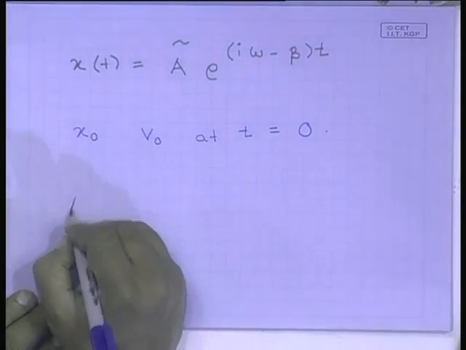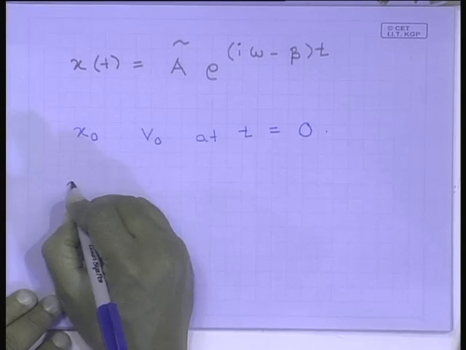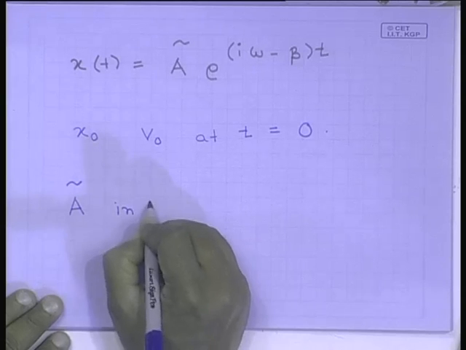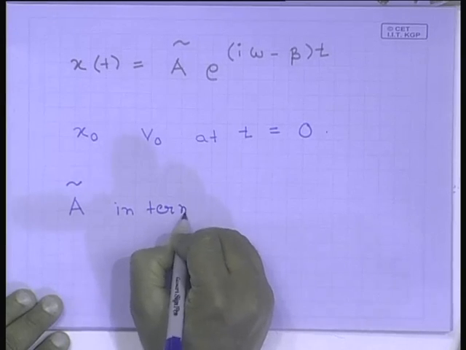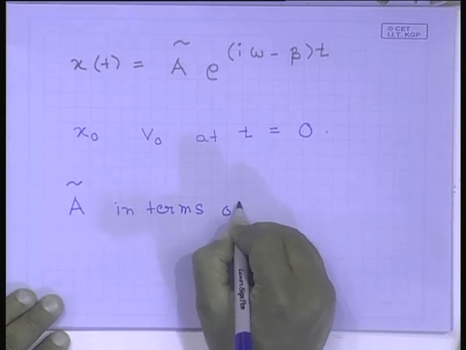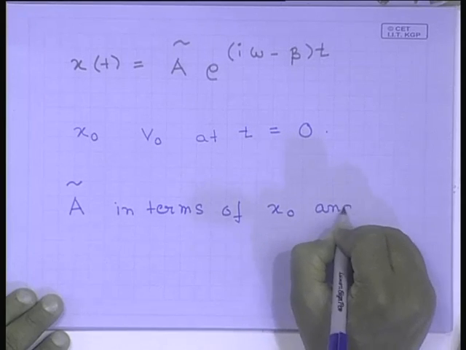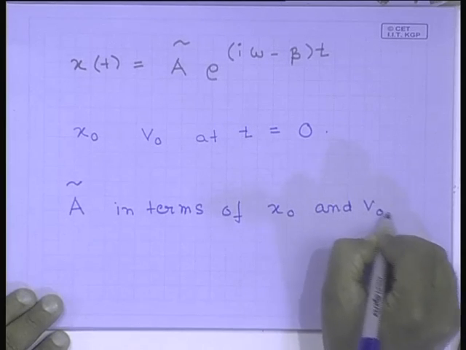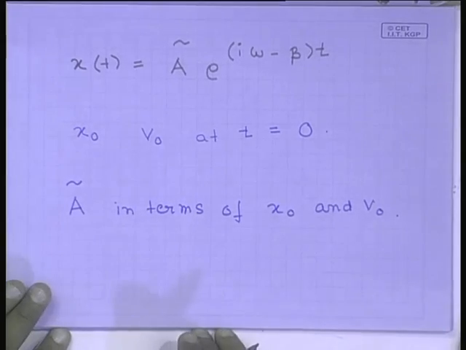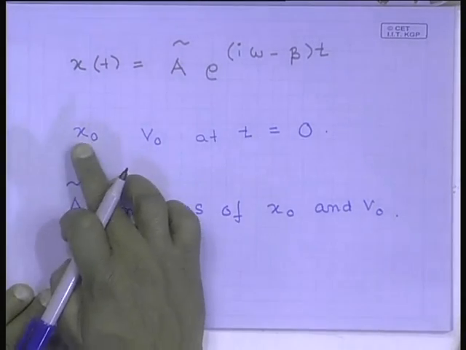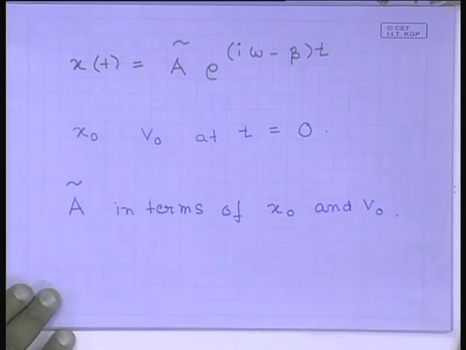Now, the problem is that you have to find the coefficient, the complex amplitude a tilde in terms of x naught and v naught. So, you have to find an expression for the complex amplitude a tilde in terms of the initial position and the initial velocity.